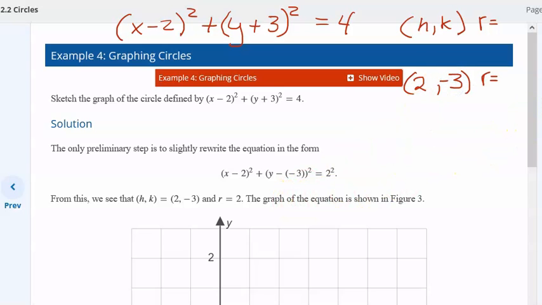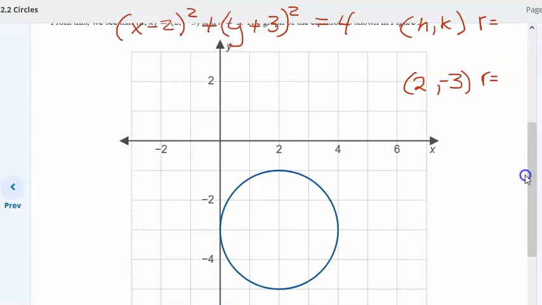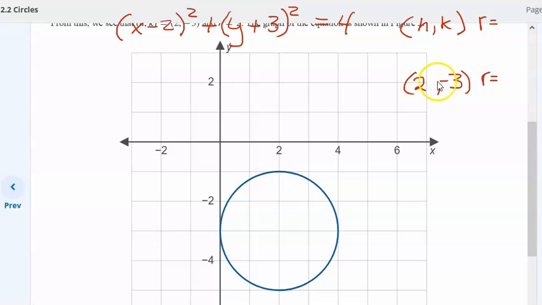So we're going to go to our circle and do 2, -3. So there's 2, and there's -3. All right, there's our center. But we don't have our radius. Remember, this is r squared.